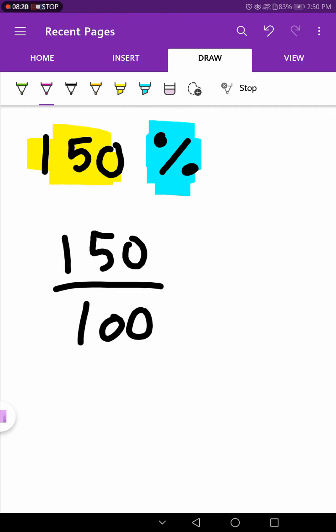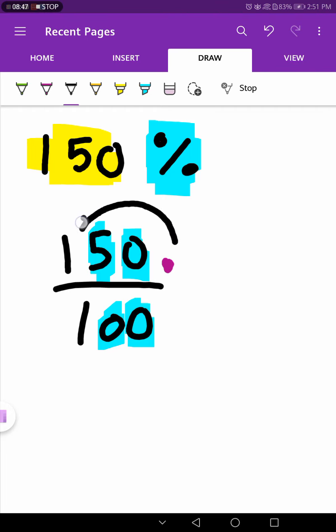Create your decimal point because this number has no decimal point. Then we count how many zeros we have down: 1, 2. So the decimal point will move 2 steps to the left. So the answer will be 1.50 or 1.5.